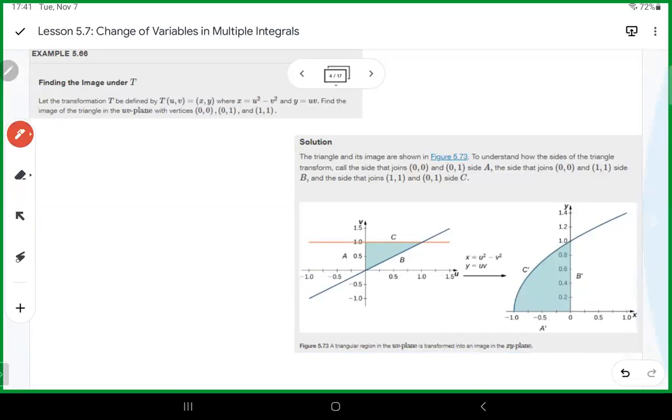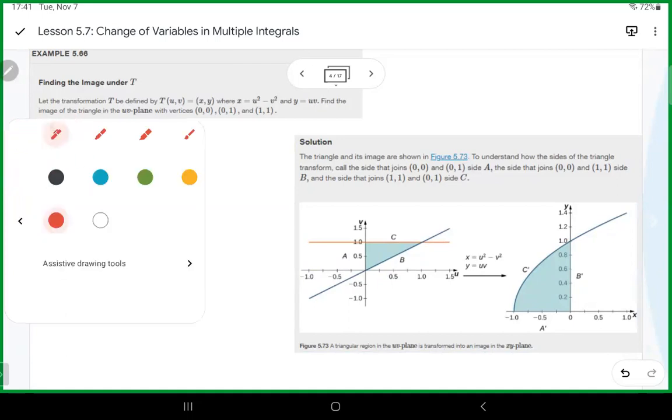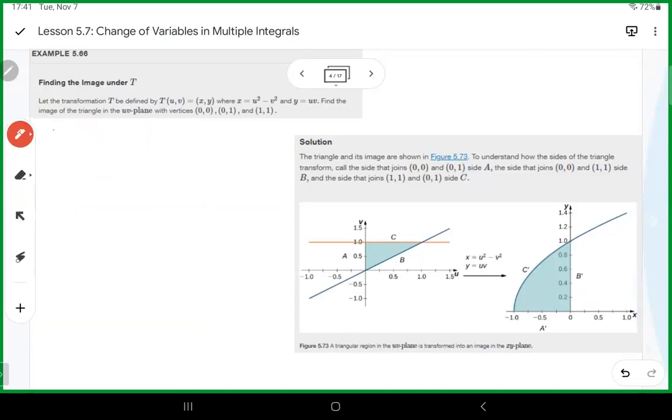For side A, u is equal to 0. Then v falls between 0 and 1, and transforms to x equal to negative v squared and y equal to 0.